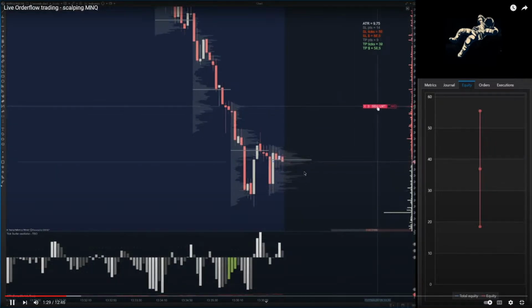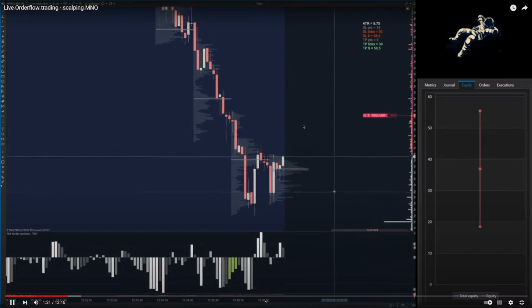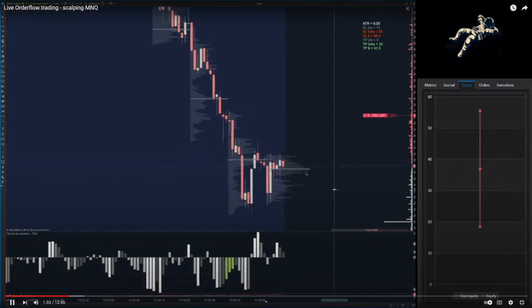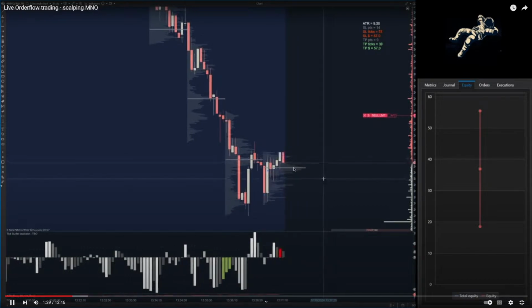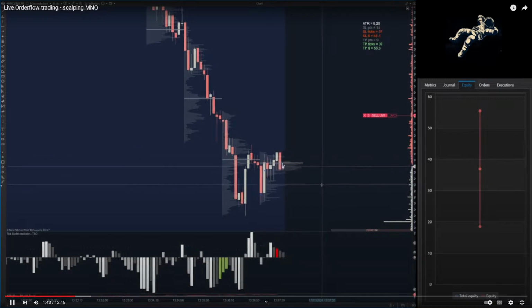So at this point, I only have my limit order up here. I'm just observing what price is doing around these. Obviously, there's a lot of interest from both sellers and buyers in this area. We see a point of control on this 1 minute bar, and this 1 minute bar is pretty much at the same level.